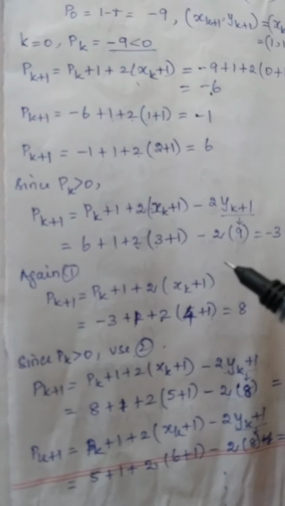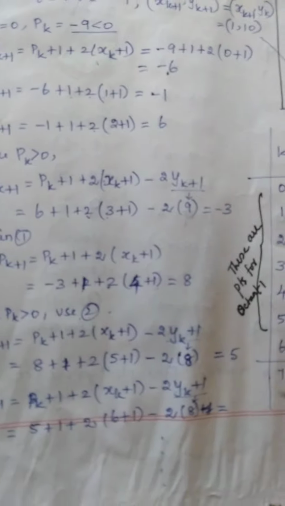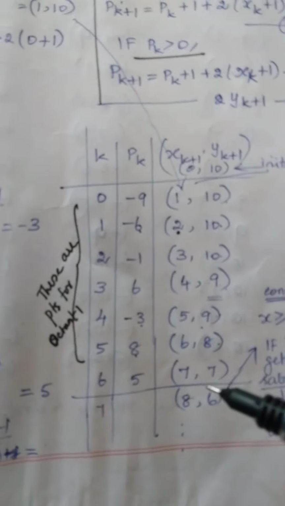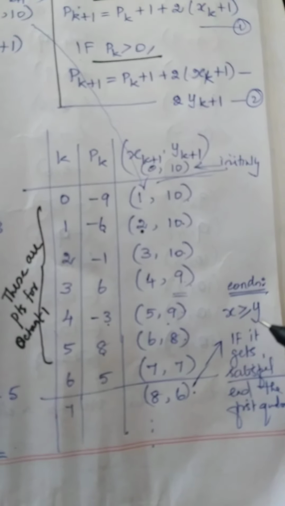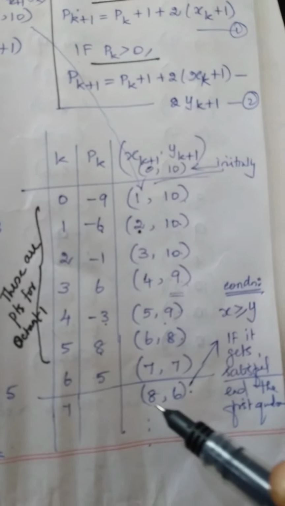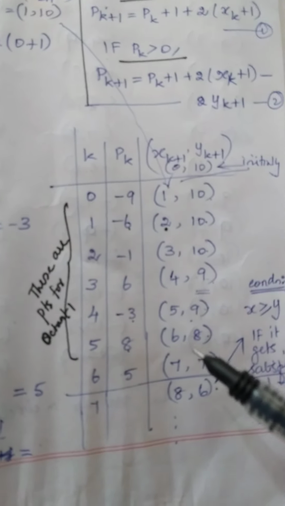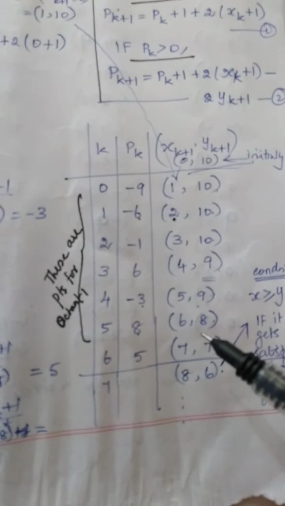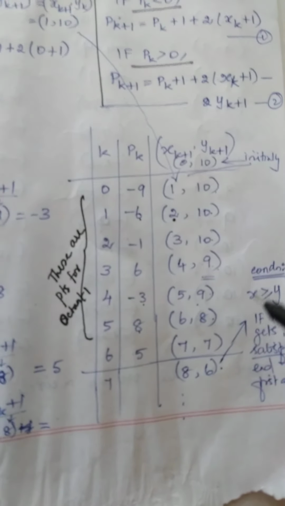So again we are substituting either with the first equation or the second equation until we get all the values. Like this, when we reach the condition x greater than or equal to y, like 8 comma 6, x is greater than or equal to y, we need to stop. So these are the points for octant 1, and the algorithm calculates all points of octant 1 and terminates.